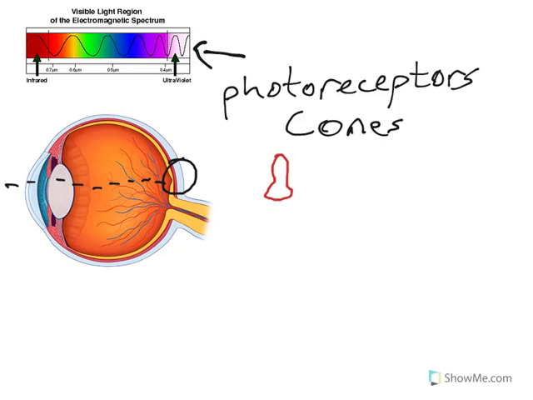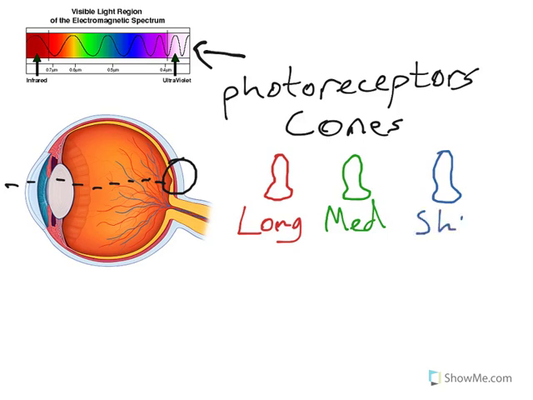This little photopigment receives long wavelengths. This little photopigment receives medium wavelengths, and this one receives short wavelengths. And as you can see, they all correspond to wavelengths on the electromagnetic spectrum.